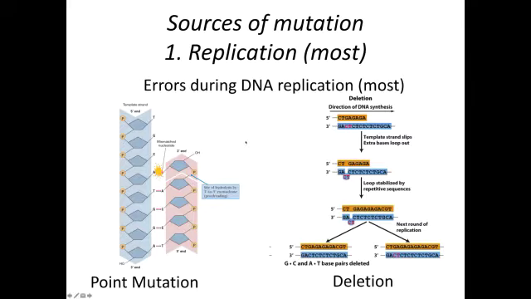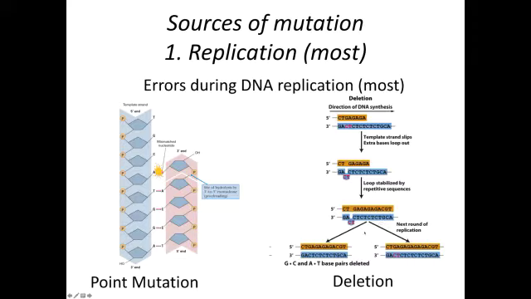The other thing that can also happen is you can introduce insertions, or in this particular case, deletions, because you might have sequences that are repetitive, like CT, CT, CT, CT. And these repetitive sequences can loop out. And so if a loop out occurred, then the DNA that's being replicated off the other strand would just skip over that CT.